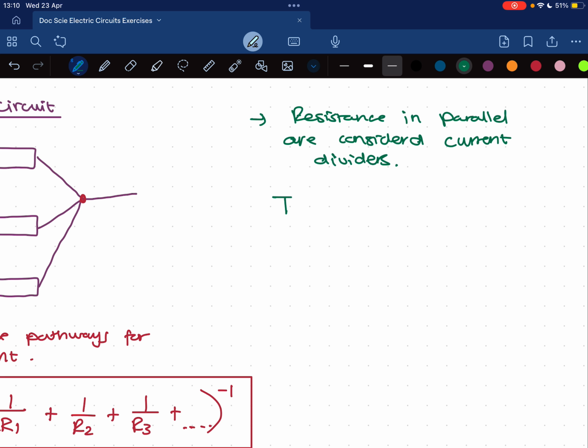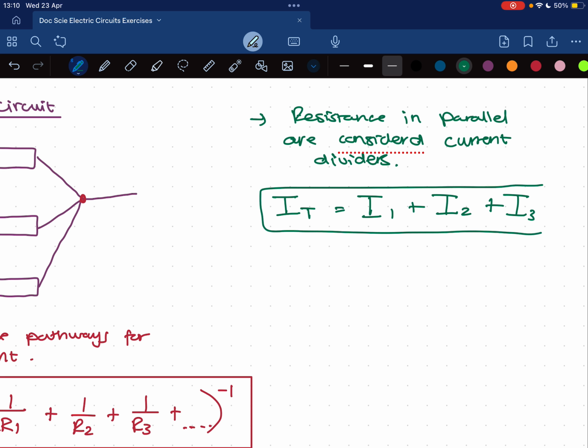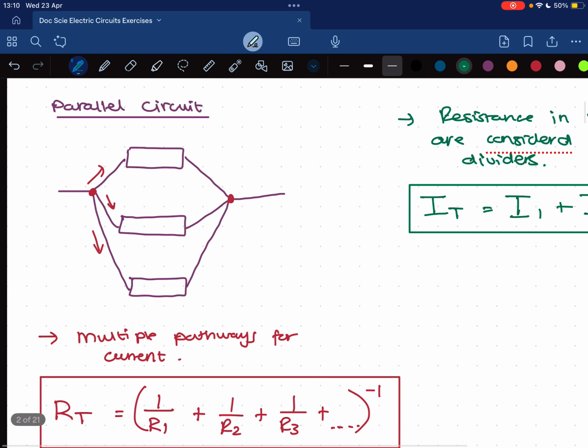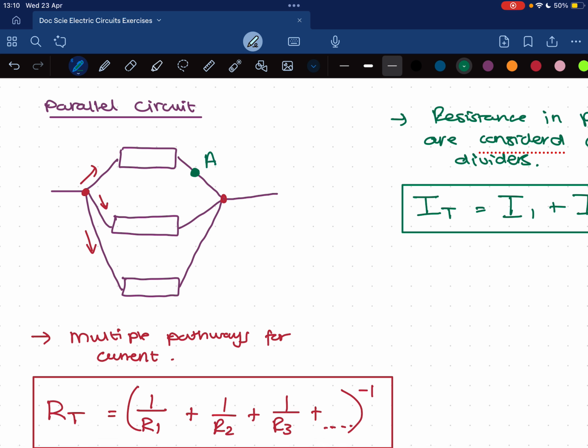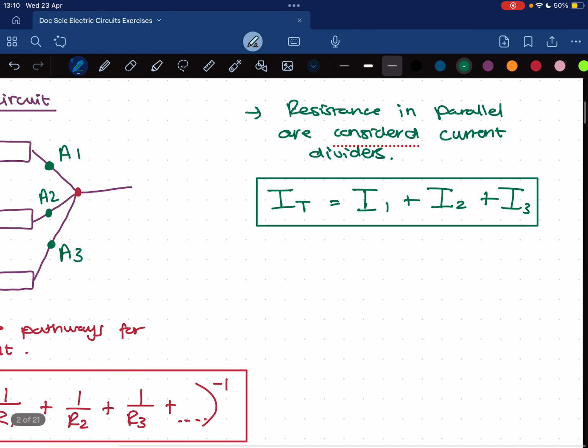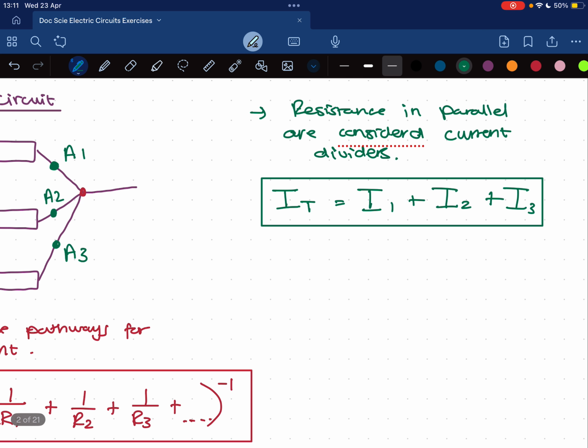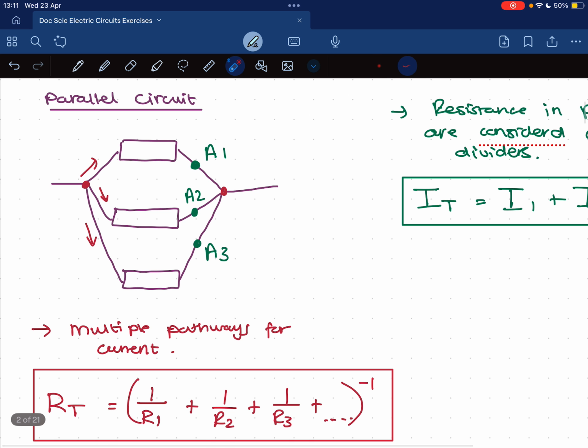Meaning that if I want to calculate the total current in a parallel circuit, then I will have to add the current that splits. So the current that flows through here is going to be different to the current that flows through there, and different to the current that flows through here. Okay, so that's very important to take note of, that the total current from this part to this part is equal to the sum of the 3 currents.